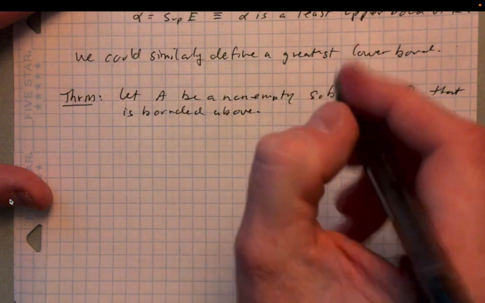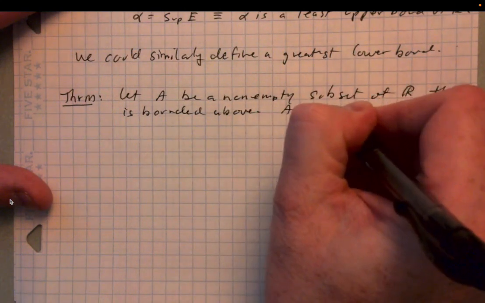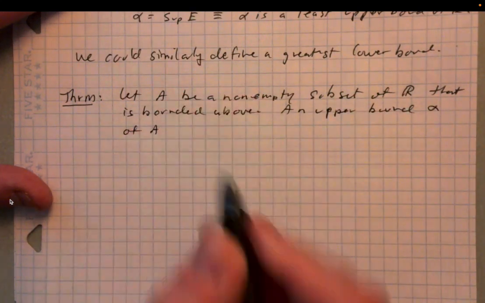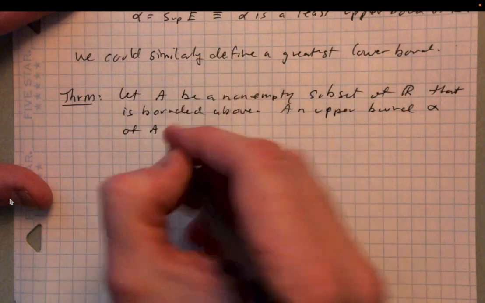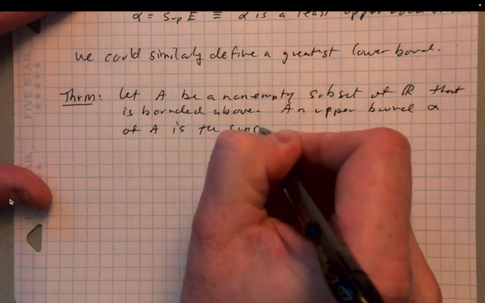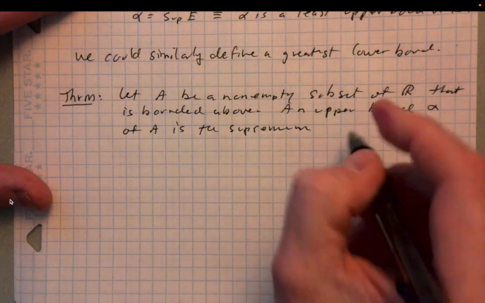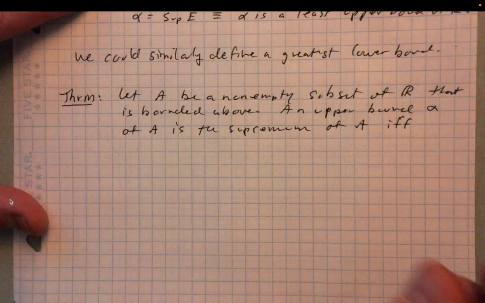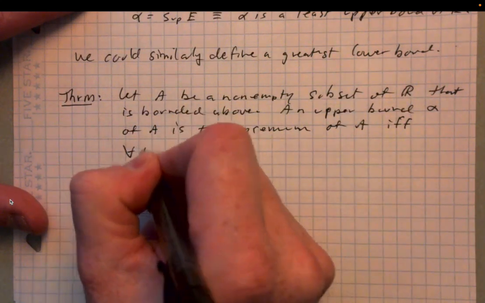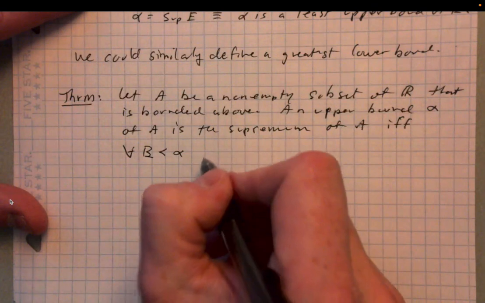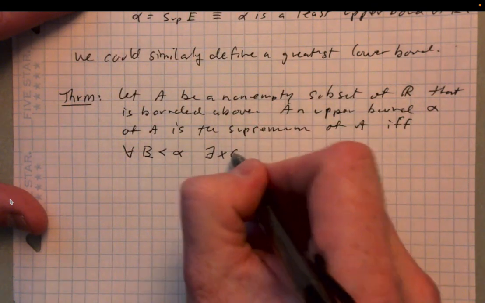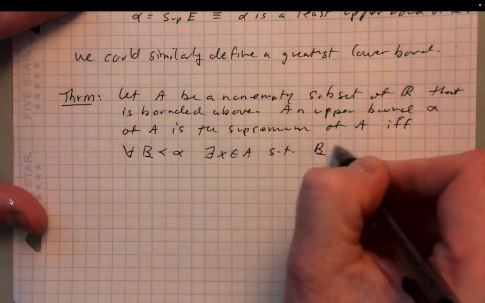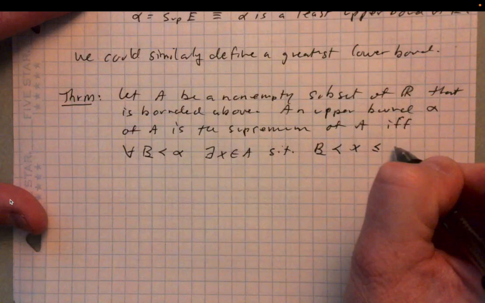An upper bound alpha of A is the supremum of A if and only if, for all beta less than alpha, there exists an X in A such that beta is less than X, which is less than or equal to alpha.